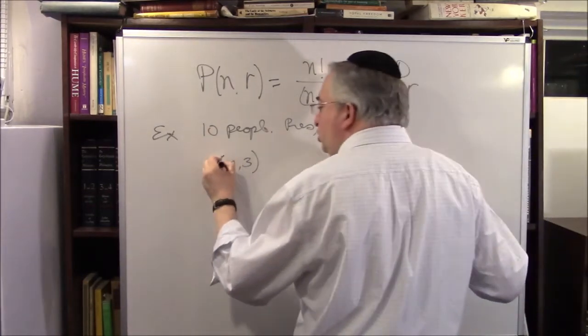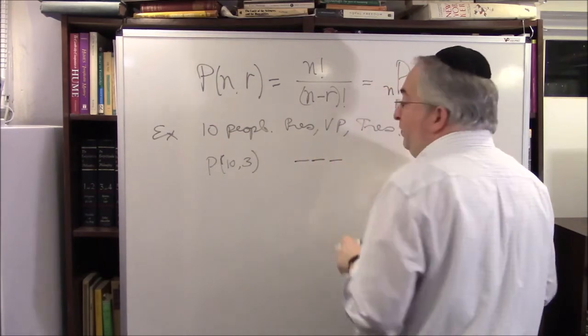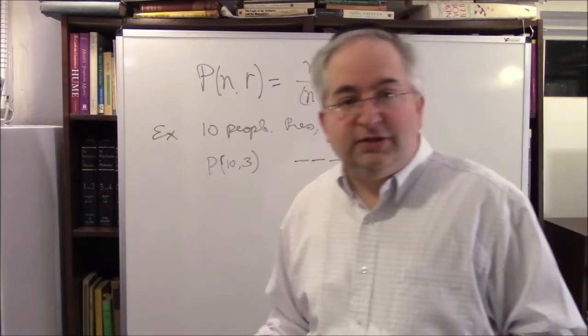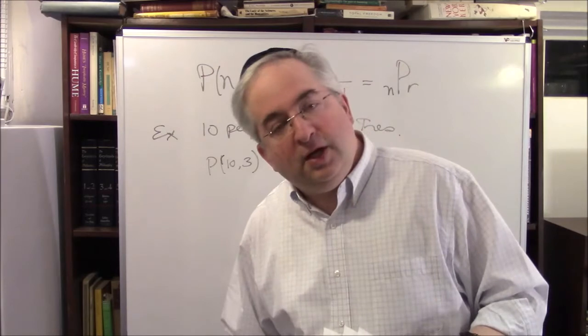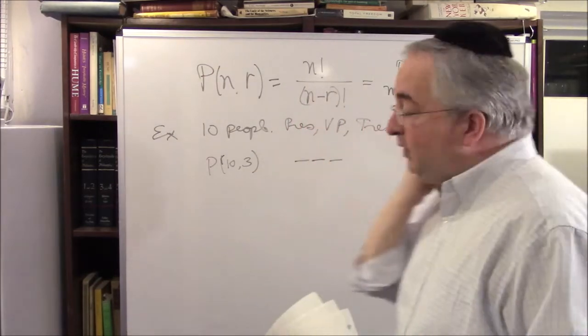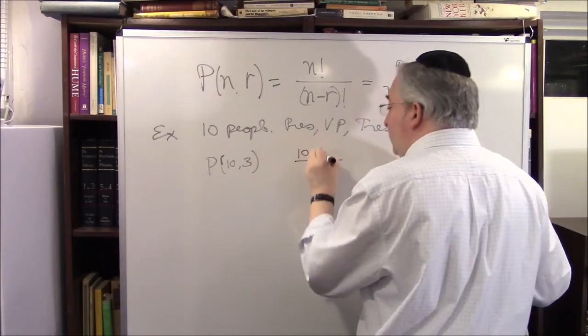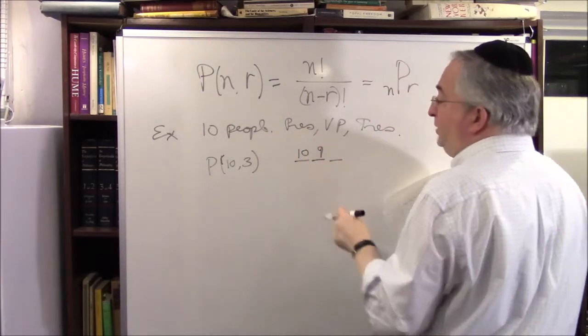Because you want to choose 3 of them, but you don't want the president to be the same as the vice president or the same as the treasurer. It's a one-to-one function really. The idea is you have 10 possibilities here, then 9 possibilities, because anybody could be the president.